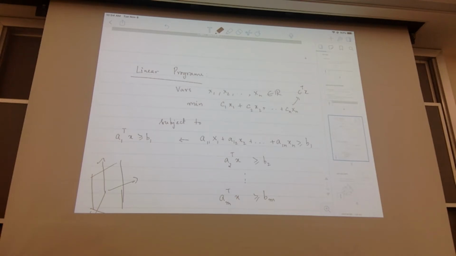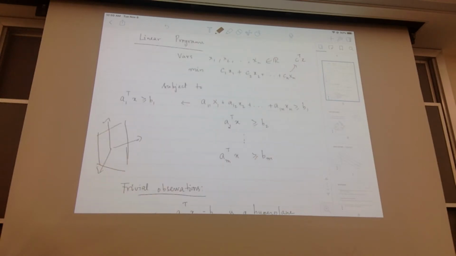So if you have questions or notational questions, that is what I would expect you to ask. All right. So this is the notation we will use. And so a couple of observations we had last time.